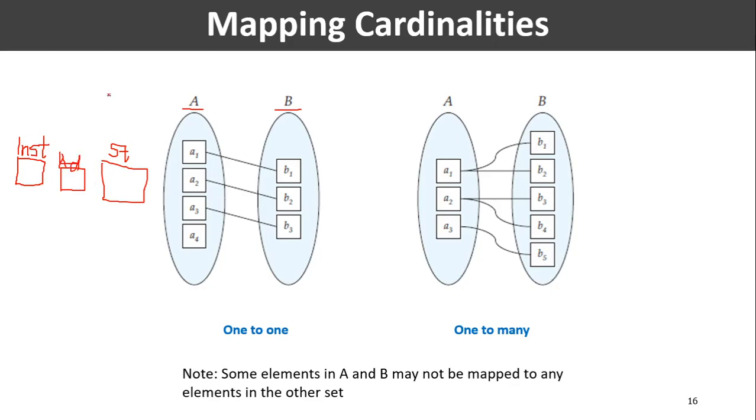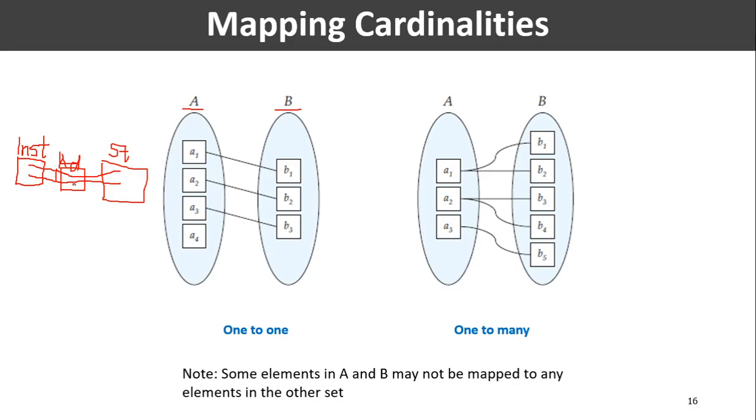So what we are saying is we are imposing the condition that one instructor is associated with at most one student via this relationship advisor, and also one student is related with at most one instructor via this relationship advisor.